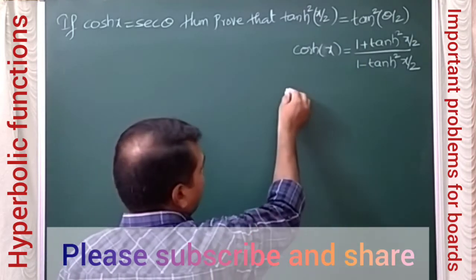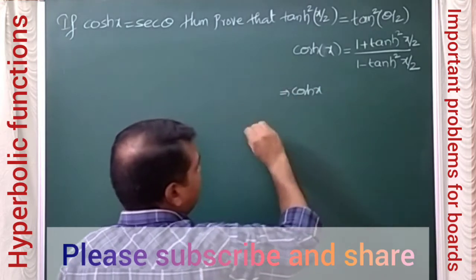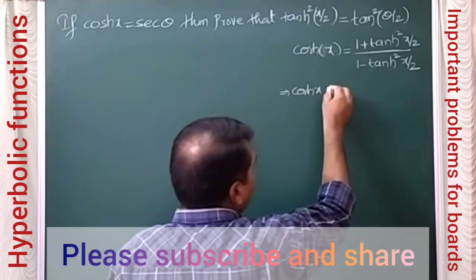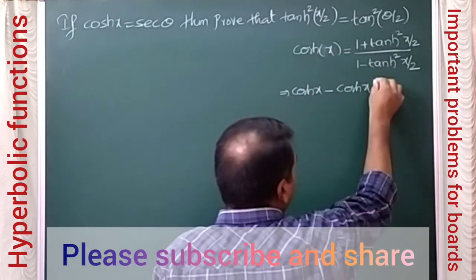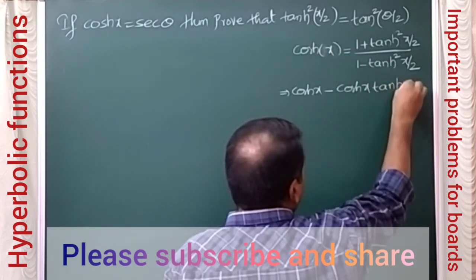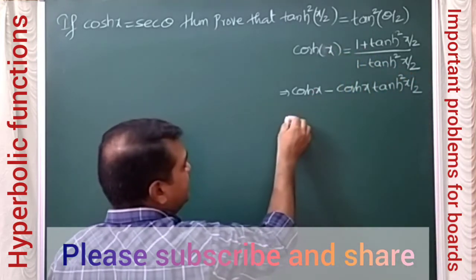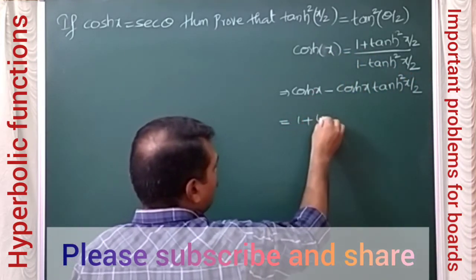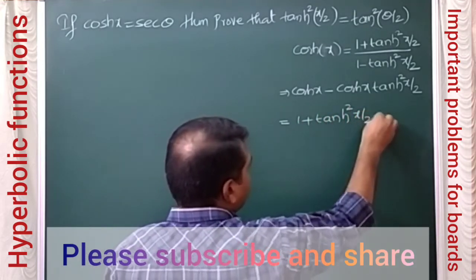Just cross multiply. Cross multiplying, you will get cosh x into 1 minus cosh x into tanh square x by 2, with the denominator cross multiplied, equal to 1 plus tanh square x by 2.